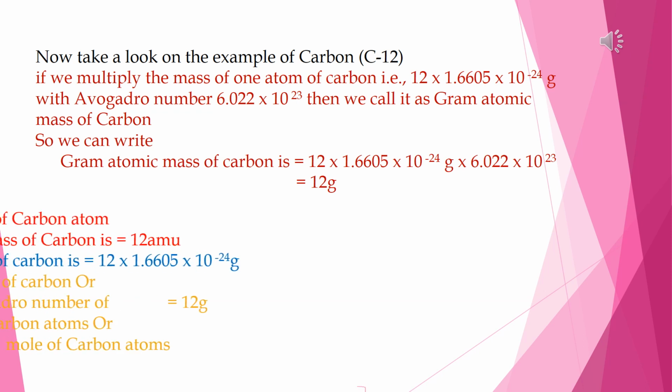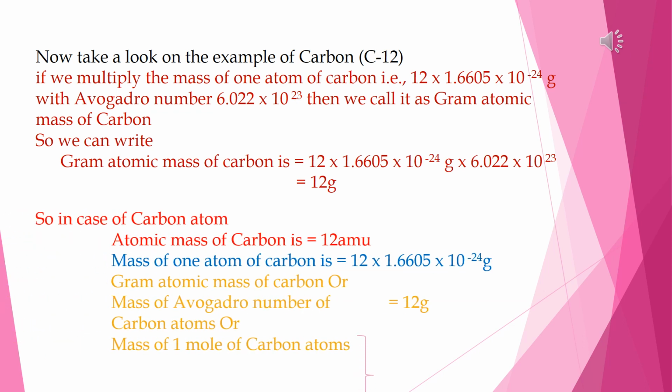In the case of the carbon atom, the atomic mass of carbon is 12 AMU and the mass of one atom of carbon is 12 multiplied by the AMU value. And lastly, the mass of 1 mole of carbon atoms, the gram atomic mass of carbon, or the mass of Avogadro number of carbon atoms is equal to 12 gram.